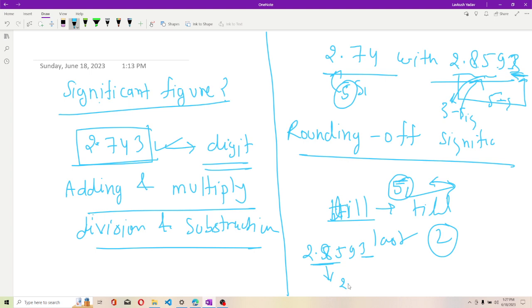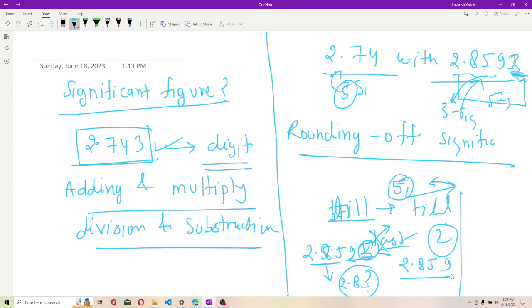Now you can see it is less than 5. So the preceding digit gets no increment; it remains the same and the last digit is dropped. So it becomes 2.859.